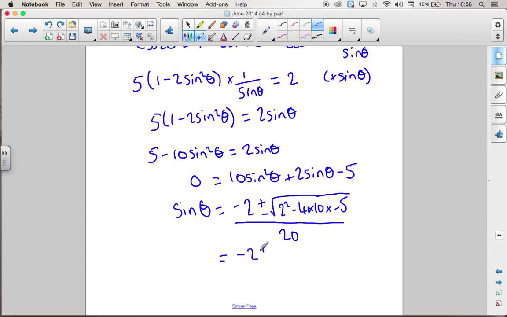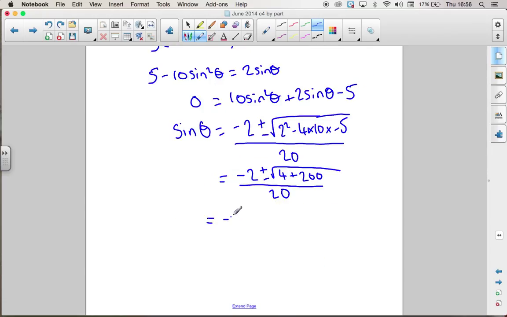If I simplify that, I'm going to get negative 2 plus or minus the square root of 4 plus 200, since 50 times 4 is 200, divided by 20, which gives me negative 2 plus or minus root 204 over 20.